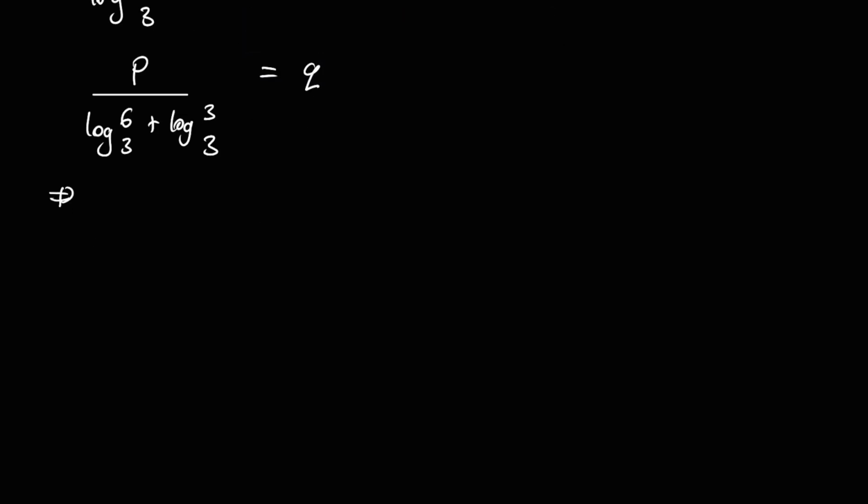This implies that p divided by log of 6 base 3 plus, from the identity log of 3 base 3 equals 1, which equals q.